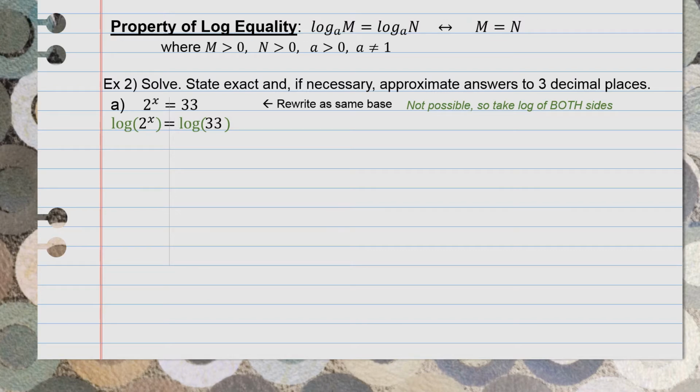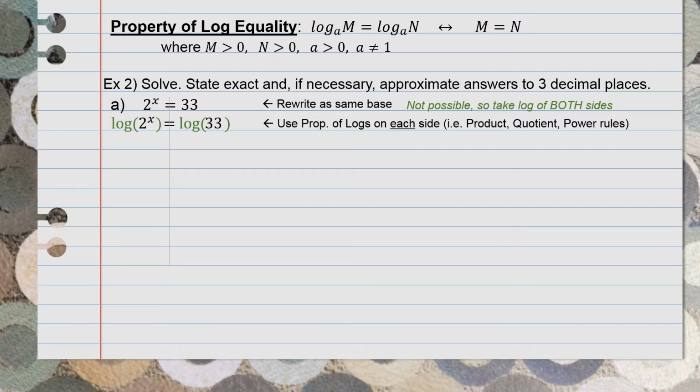Now that I've introduced log, I can use all the properties of logs on each side. That means the product property, quotient, power rule, all of those come into play because the word log is now involved. On the left side, log of 2 raised to the x power. Since I have an exponent, a power, that means I can use the power rule.